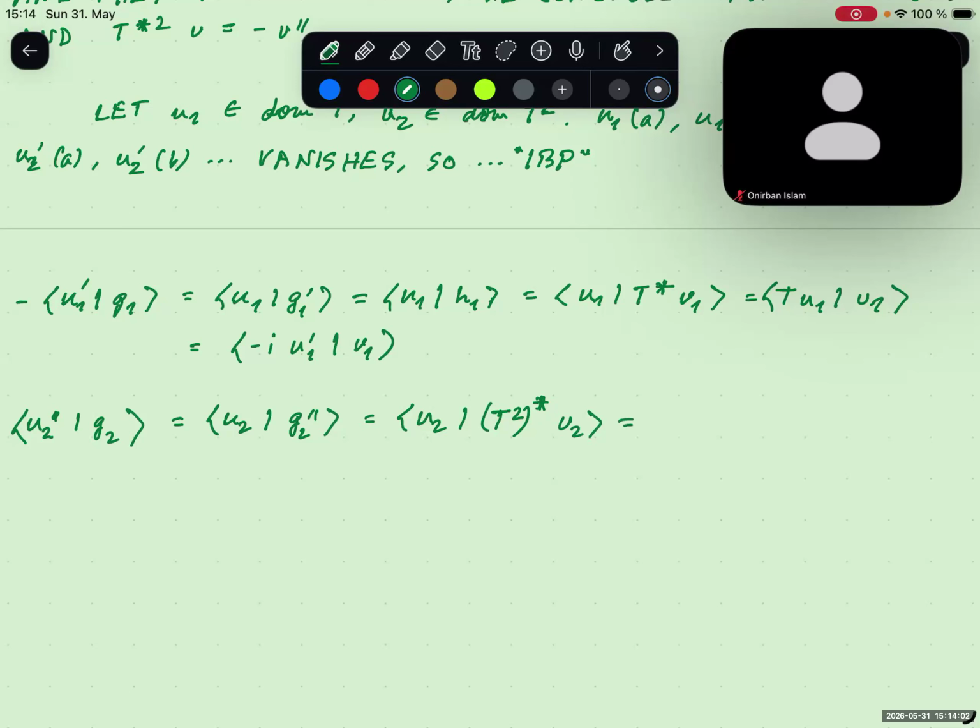Then we play the same game, we bring it to the other side. So T star u2 with v2, and this gives us minus u2 double prime with v2.